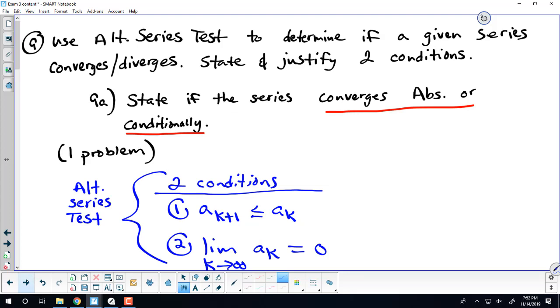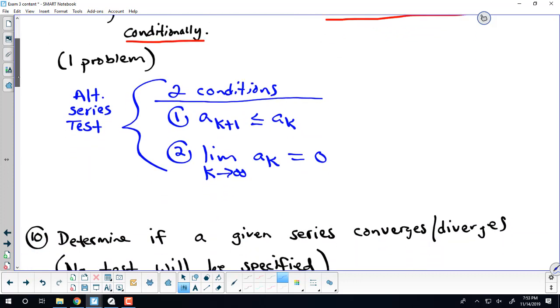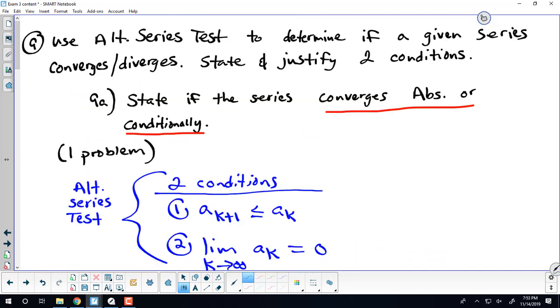There's one problem where we have to use the alternating series test to determine if a series converges or diverges. State and justify the 2 conditions that are here. These were the conditions for the alternating series test. Remember, the alternating series was presented as this alternating part with our a sub k attached to it.